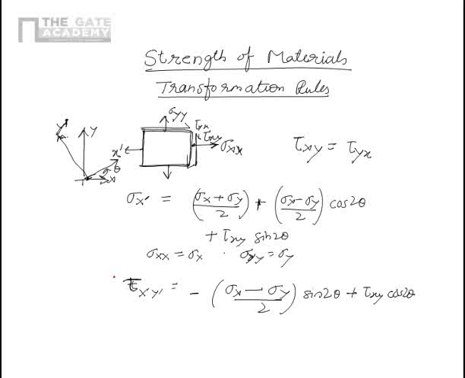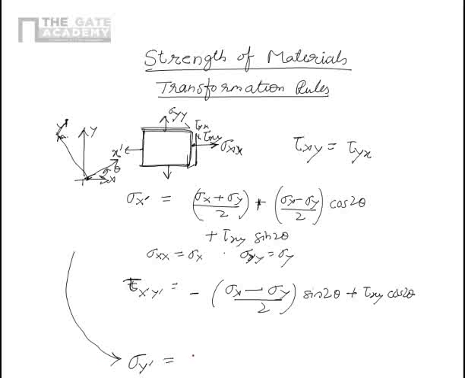Now, one more thing. If I take the other normal stress, there will be one sigma y dash also, which is the stress along the y direction or the transformed y direction.